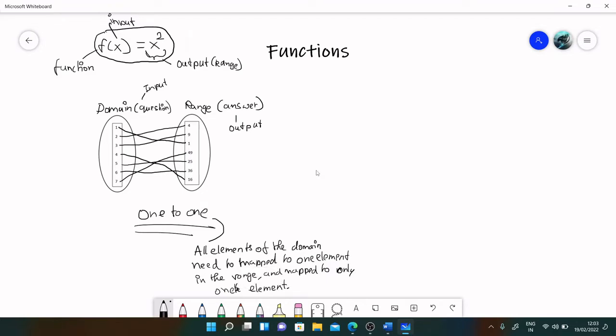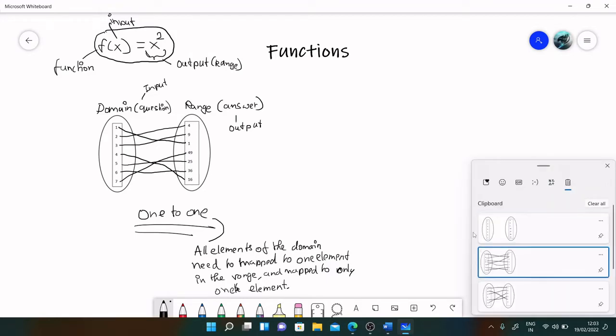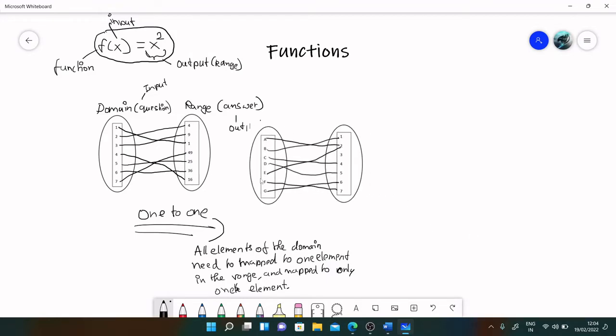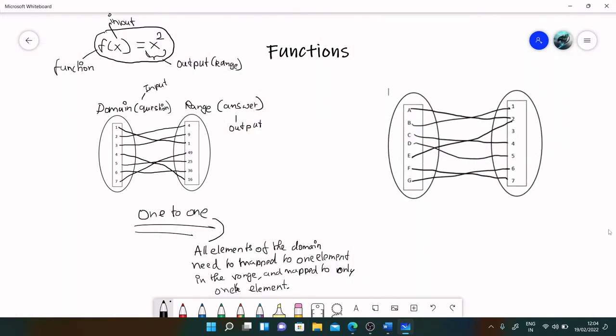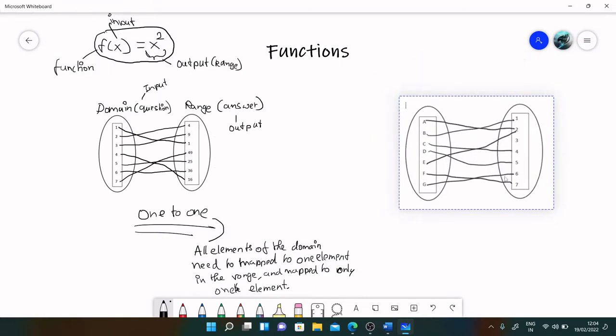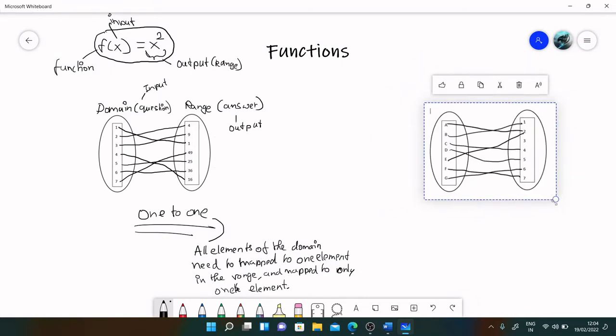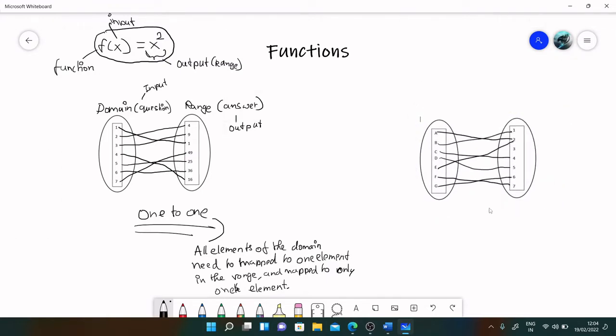Let us take a look at another example. This is a completely different function. Do you notice the difference between the previous function and this function? In this function, you can see that A and E from the domain are both mapped to 2 in the range.